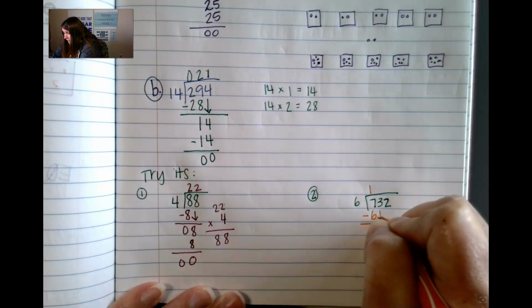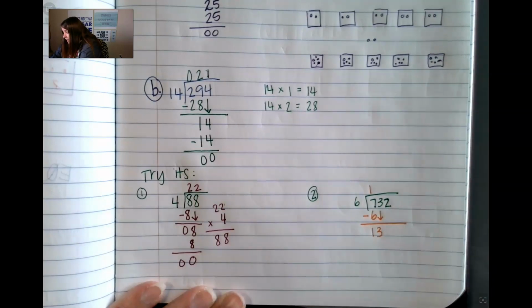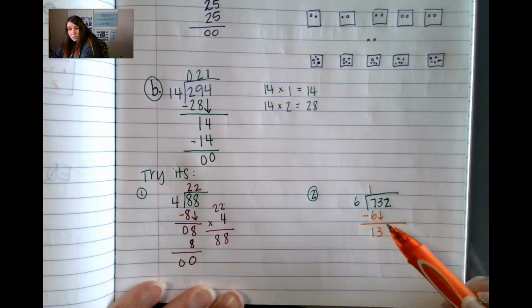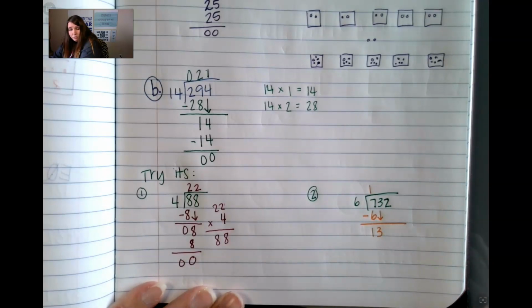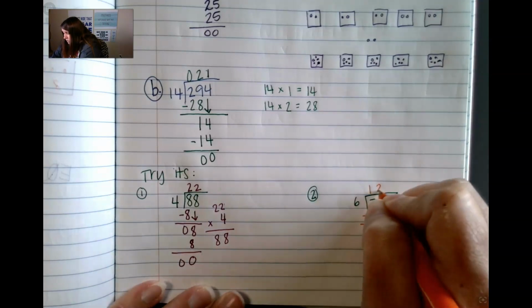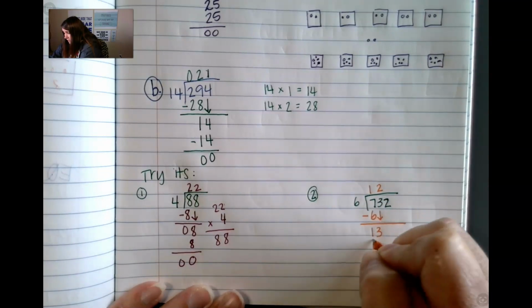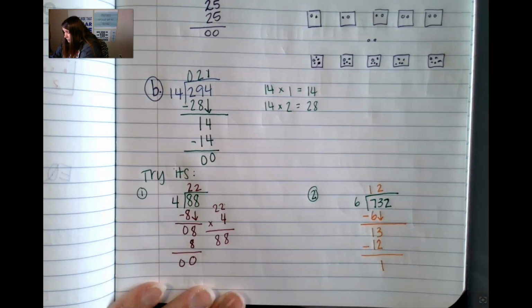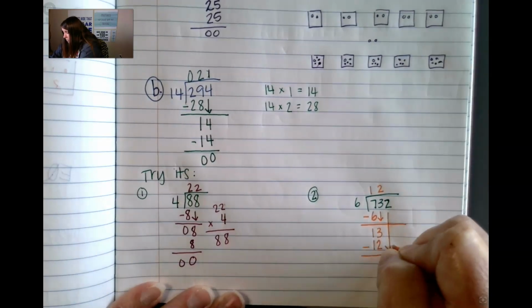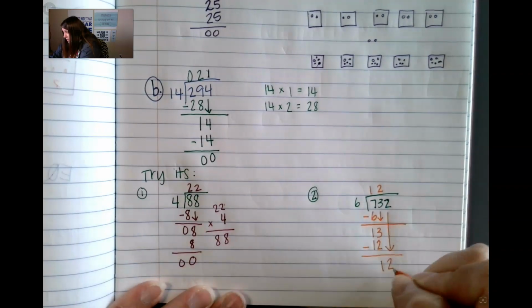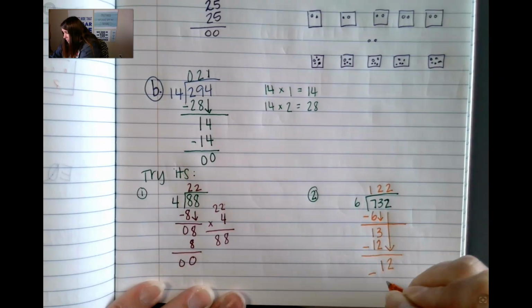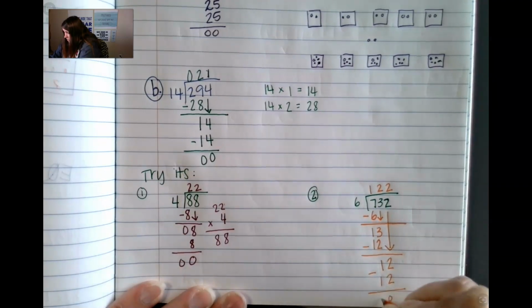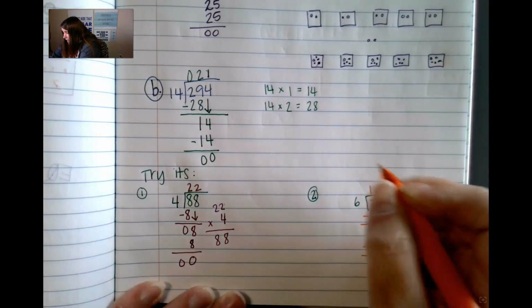And then I would just drop down the next, which is 13. So now I have 13 things. 13 divided by 6 gives me 2, because 6 times 2 is 12. So I'm going to put the 2 here. 6 times 2 is 12 things in the boxes, and that leaves 1. I'm going to drop this down. Oh, look, a 12 again. So that's going to give me 2, with nothing left over.